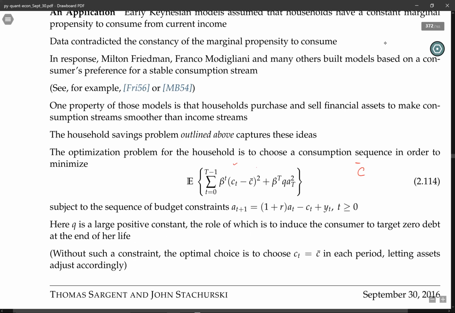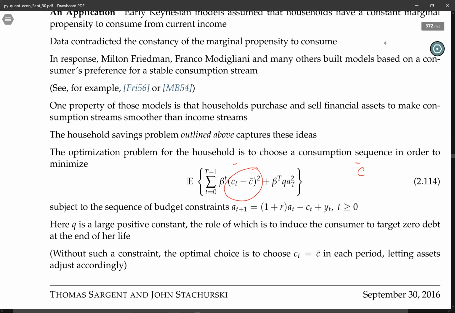C bar is bliss consumption, and it's a really big number. This specification makes the marginal utility of consumption linear in consumption. The guy likes more consumption.